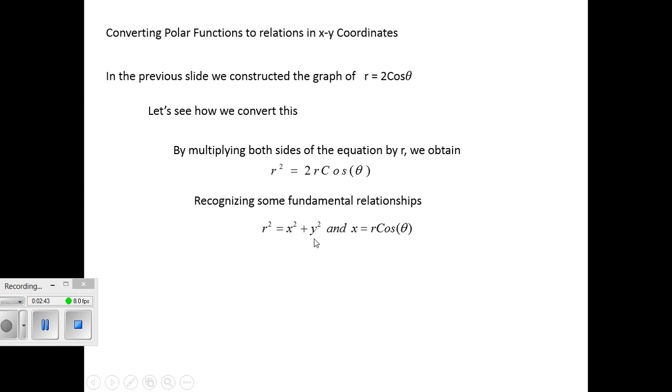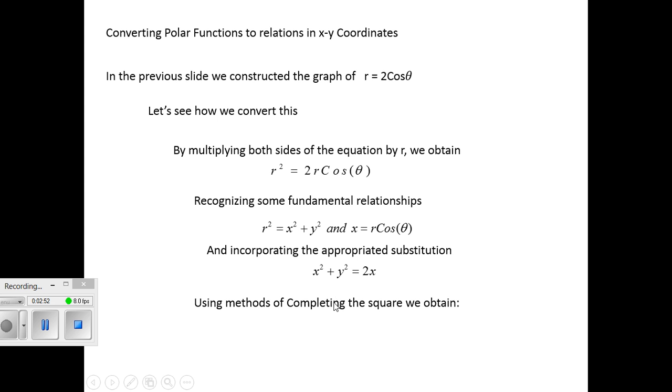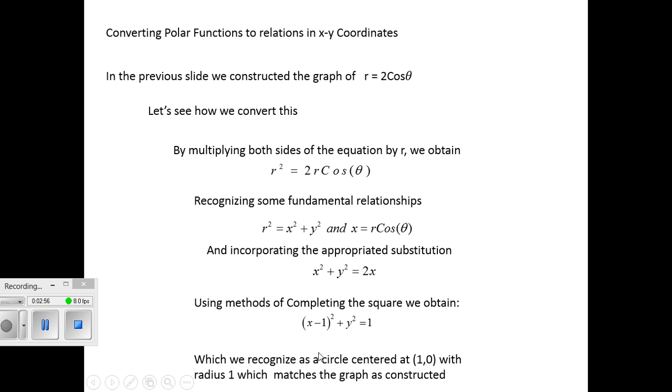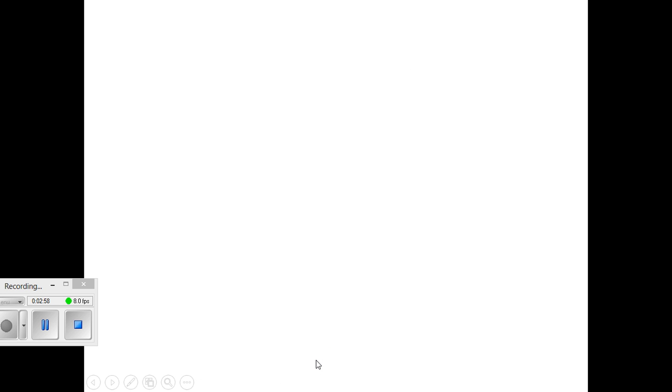Those things are going to be replaced, and in doing so, hopefully at this point we recognize we have a circle, and we can complete the square to identify the center and the radius of that circle, as we see right here.